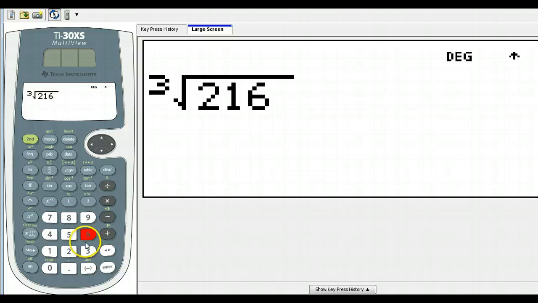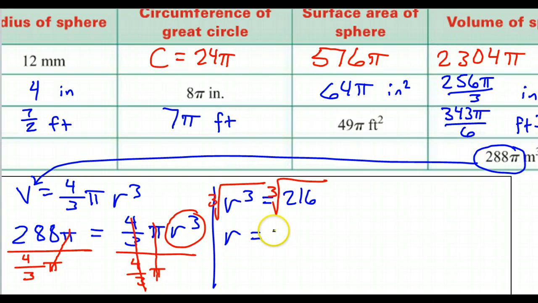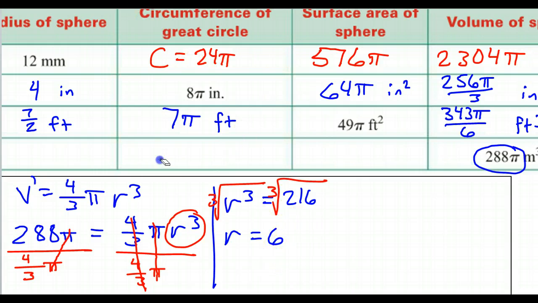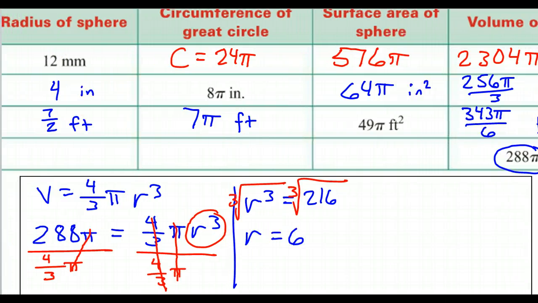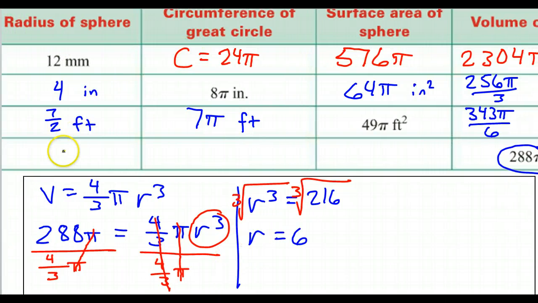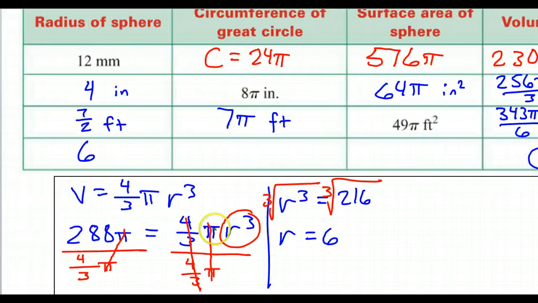And I needed to do 216, which turns out to be 6. Okay, so that means the radius is 6. Now that is one of the things we were supposed to find. Okay, we're supposed to find the radius, and we did. So the radius is 6, what are the units? Meters.